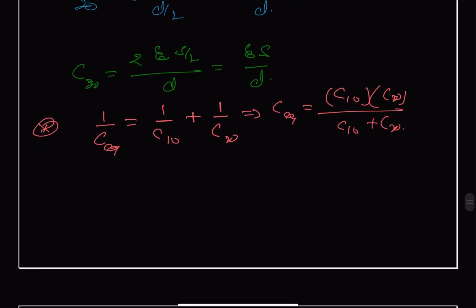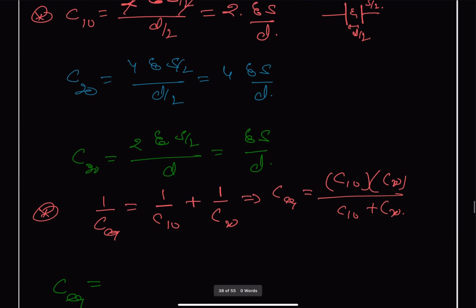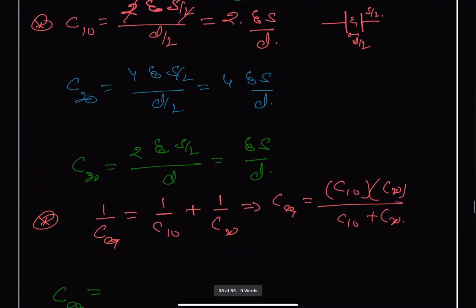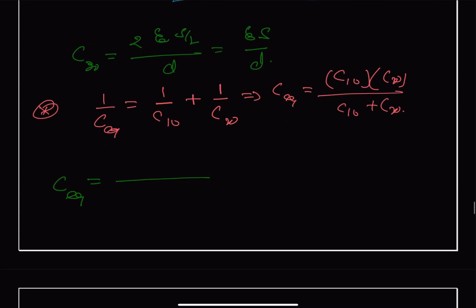So we get our C equivalent will be equal to C10, which was 2 epsilon naught S by D, and C20 was 4 epsilon naught S by D. And in the denominator will be coming as 2 epsilon naught S by D plus 4 epsilon naught S by D.